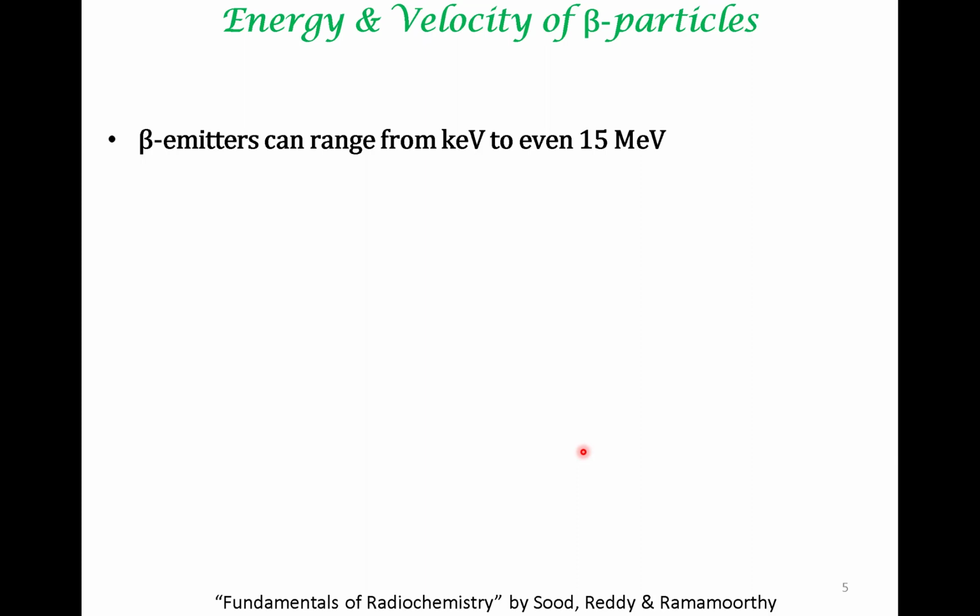So typically the energy of beta emitters can range from kilo electron volts to even 15 MeV. Okay, so there's a wide spread in the energies, which is also indicative of a widespread in the half-life period.